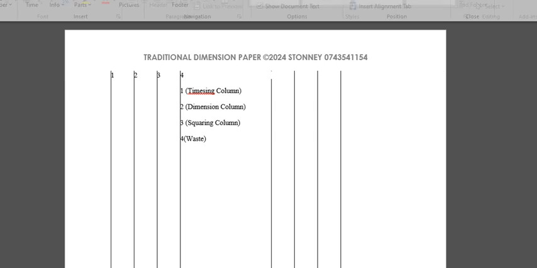Let's see. Good. So as we move on, column 1, we've said it's a time missing column. So column 2, which is the dimension column, is the one that starts. Okay.